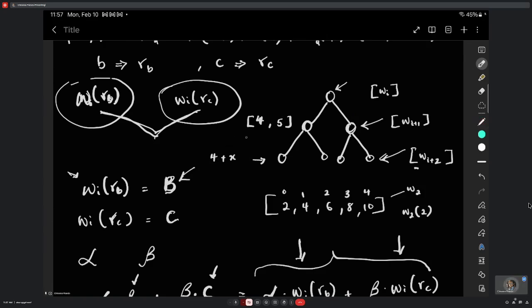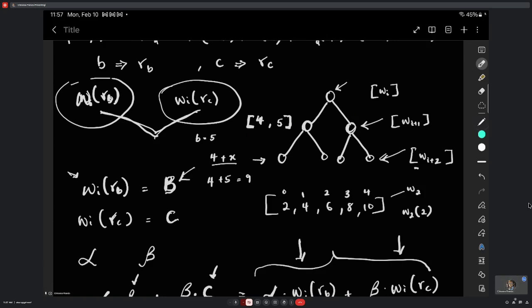So if this were our values, then this is our polynomial for that layer. So when we say W(i+1) at B, if B is equal to 5, we are basically saying 4 plus 5, which is 9.